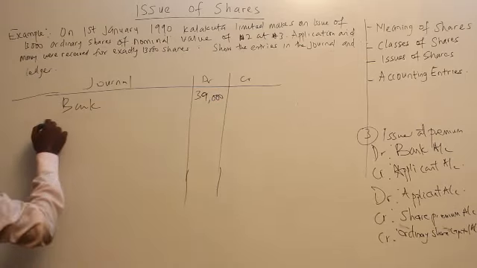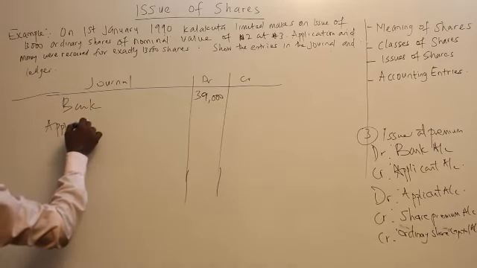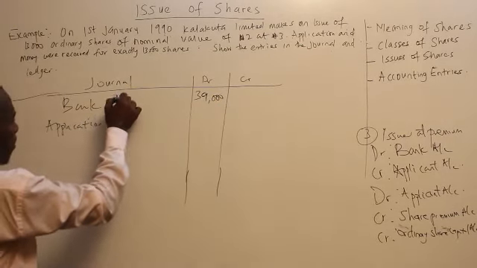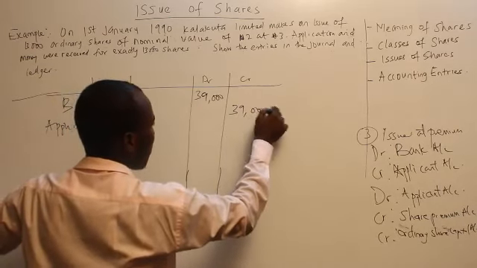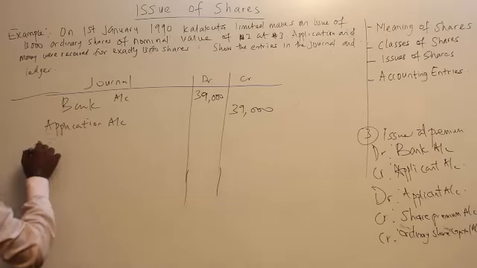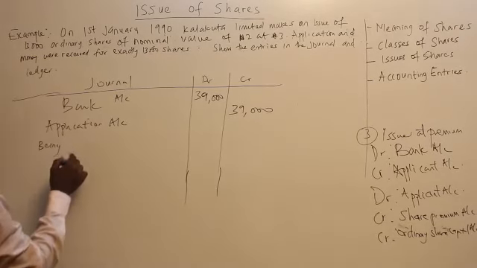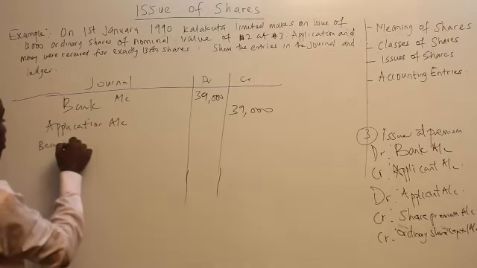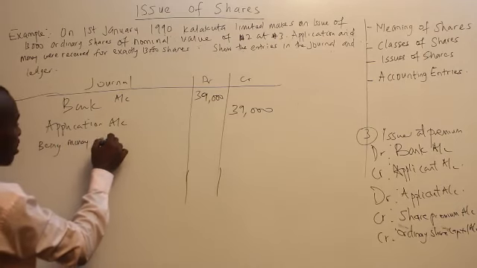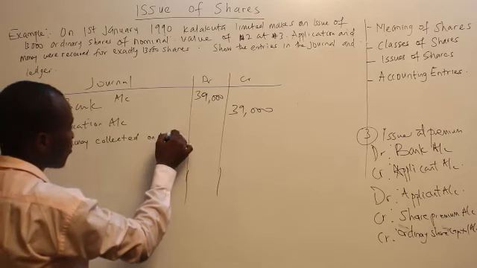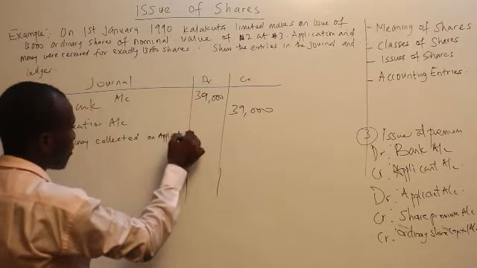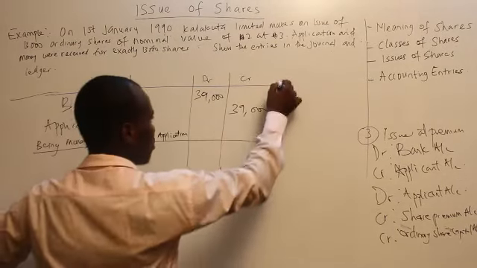Now we're going to credit application account, 39,000 naira. Being money collected or received on application. So we are done with that.